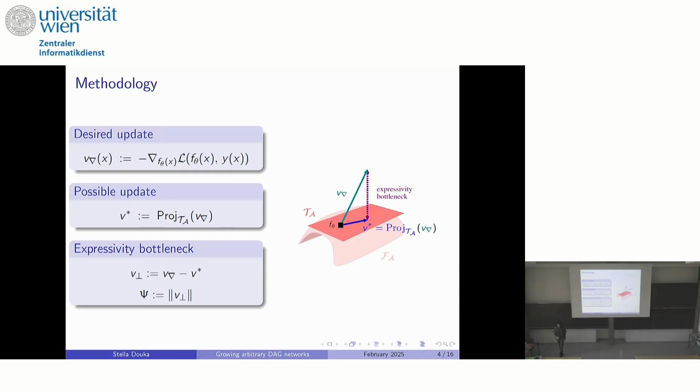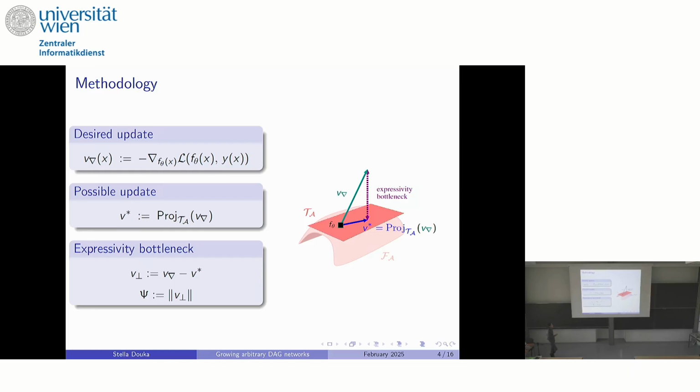So a little reminder, we have here our manifold and tangent space that Guillaume presented before, where we have all the possible functions we can approximate with a fixed architecture. And we have the tangent space, which are the functions we can approximate with small parameter updates, usually with gradient descent. And we define with the desired update the V that we have seen before.